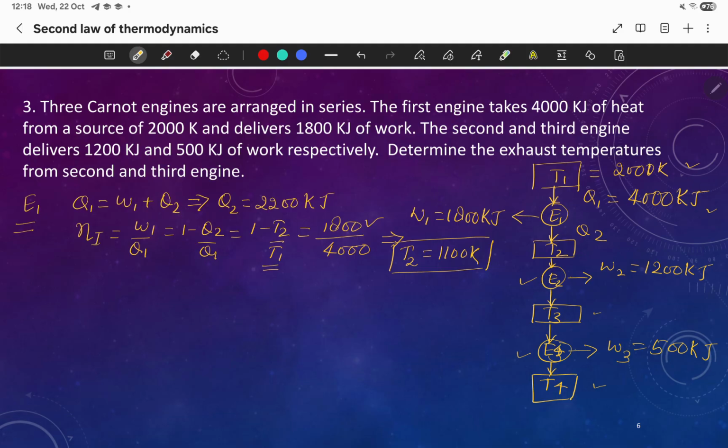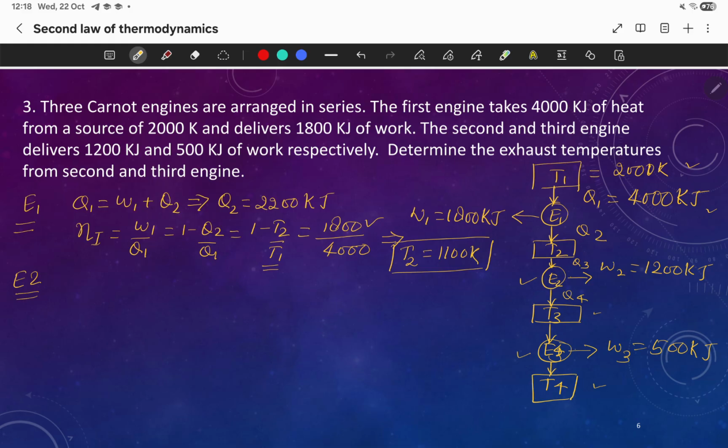This is for heat engine 1. Now we have the T2 value. Now again write for heat engine 2. Let's focus on this heat engine. This is Q2. Now let's write this heat as Q3 and this heat as Q4.